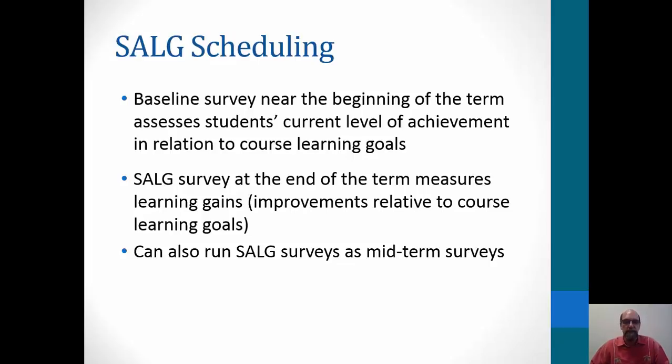Obviously, we can't talk about pedagogy because the class hasn't happened yet. And then, of course, at the end of the term, the SALG will measure the gains that you've made relative to those same goals, and then we can ask the pedagogy questions as well. Also, many people choose to run the end-of-term instrument as a midterm survey to sort of check in along the way and see how students are doing.